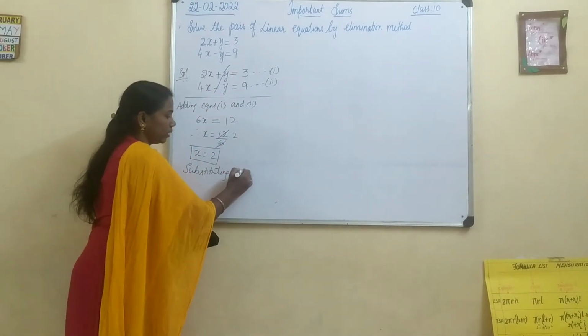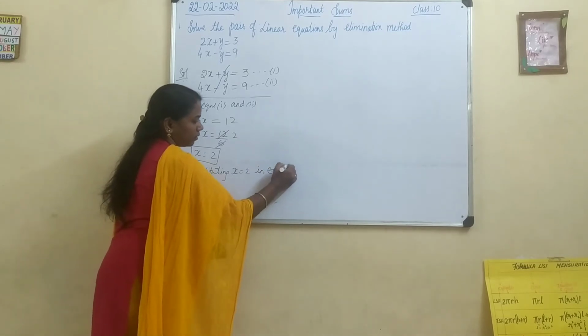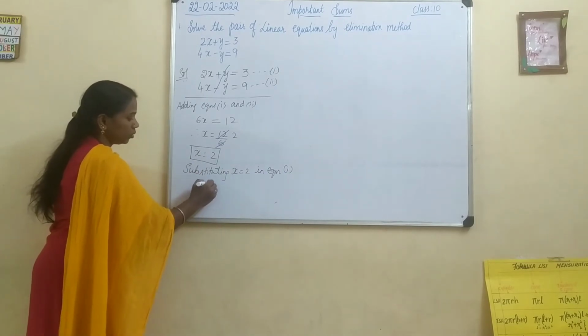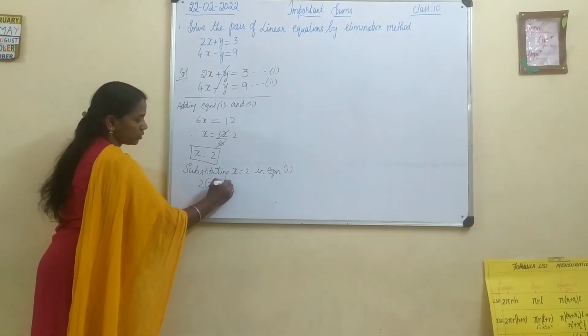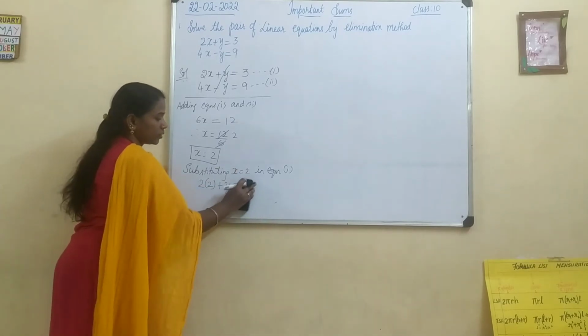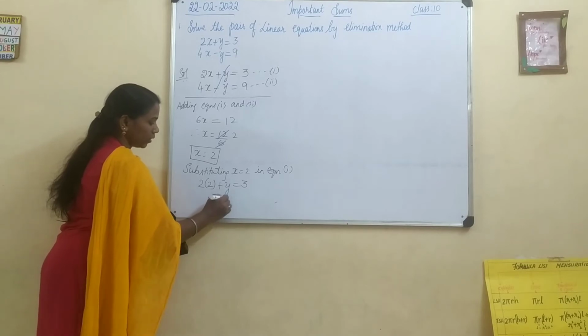Substituting x is equal to 2 in equation 1, we get 2 into 2 plus y equals 3. Therefore, it is very easy to get the y value.